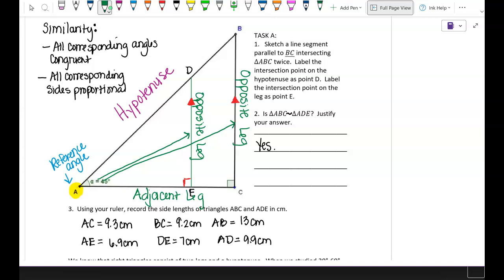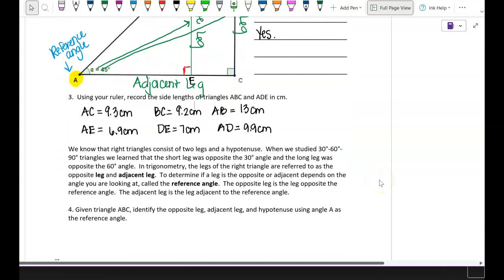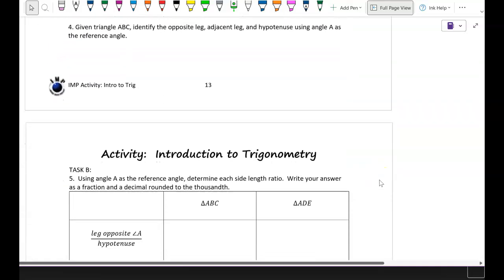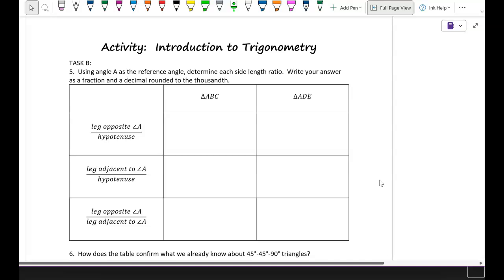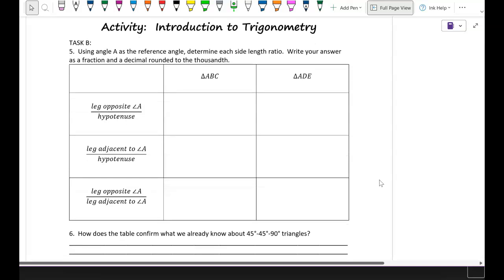All right, so now on the next page, they want us to take these measures that we just found. It says using angle A as the reference angle, determine each side length ratio.